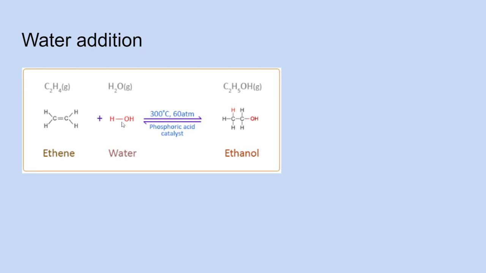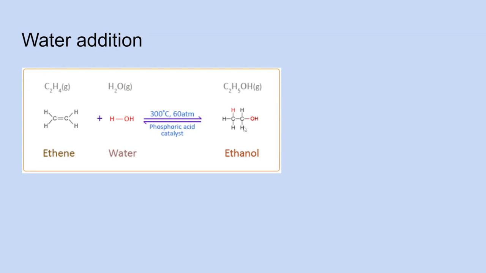Water is going to split up into OH and H. The H is going to be added to one side of the double bond, and the OH is going to be added to the other. Okay, you can see this here. It doesn't matter that the H is at the top, the left or the bottom. Any are fine, and it doesn't matter that the OH, which is the alcohol group, is on the right hand side. It could be at the top or at the bottom.